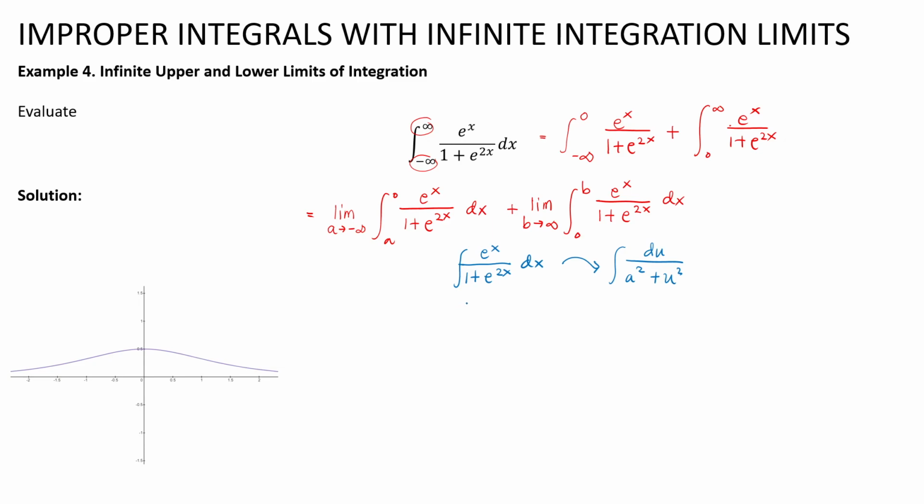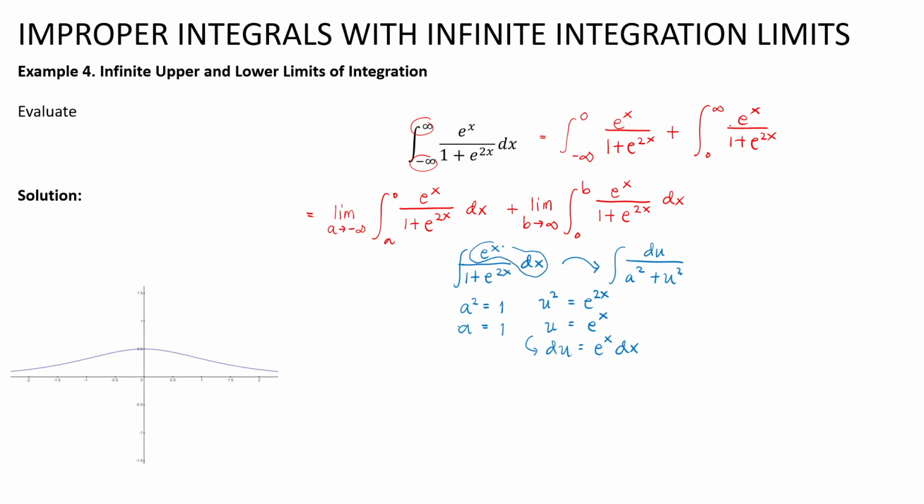So a squared is equal to 1, so getting the square root, a is still 1. So u squared is equal to e raised to 2x, so the u parameter is e raised to x. And then getting the derivative, du is equal to e raised to x dx.